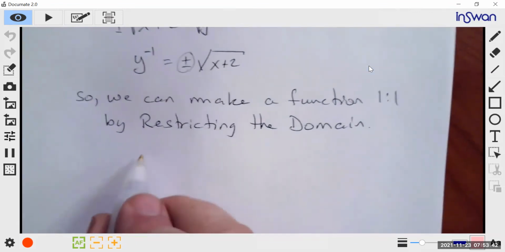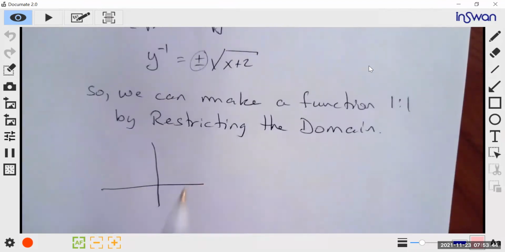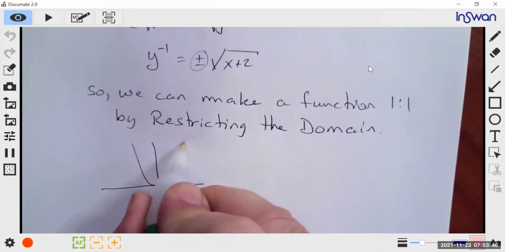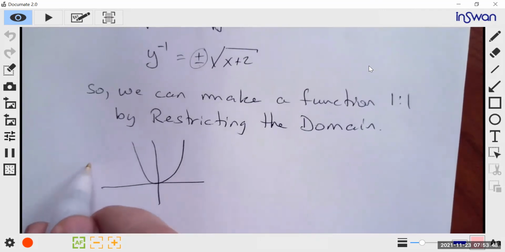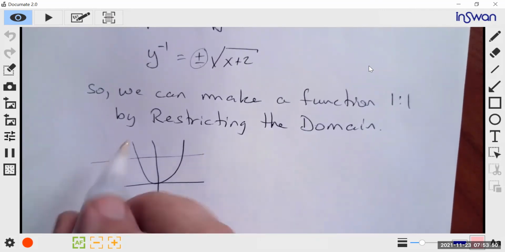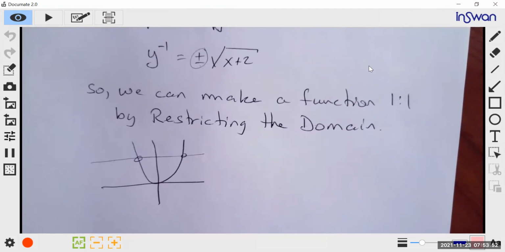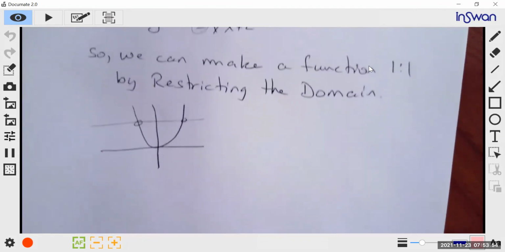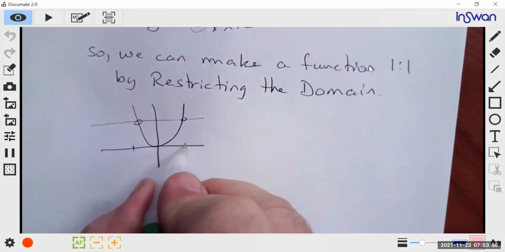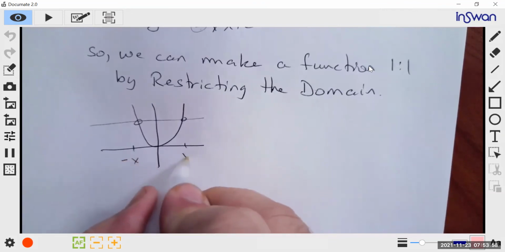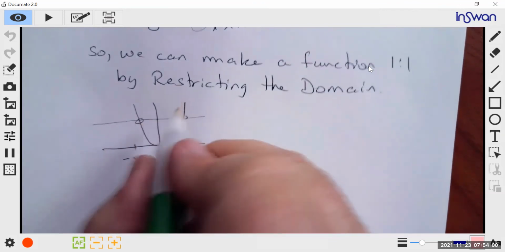What does that mean? If our function looks like this, it fails the horizontal line test. The reason it fails is because negative x and positive x give you the same answer.